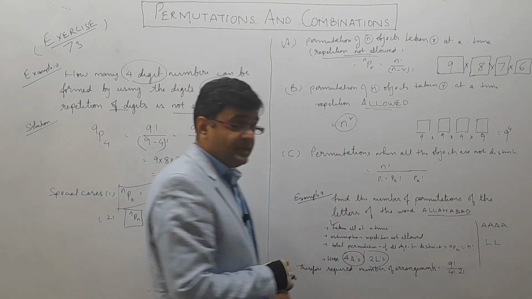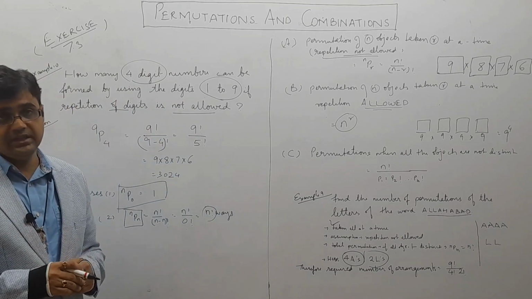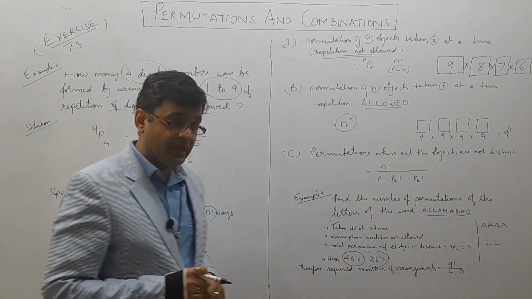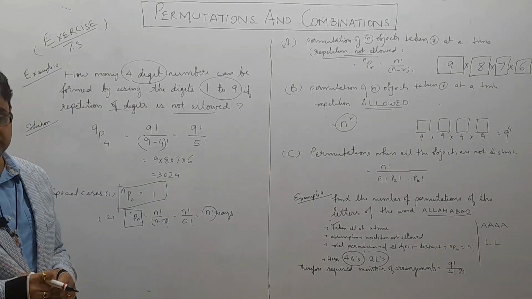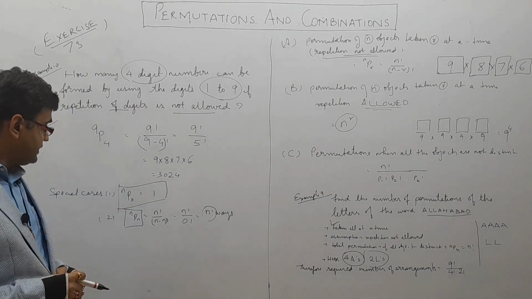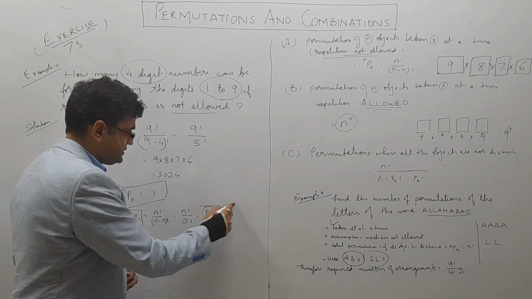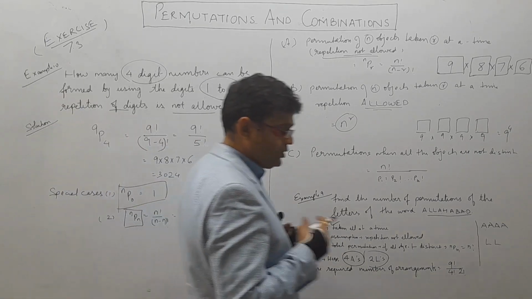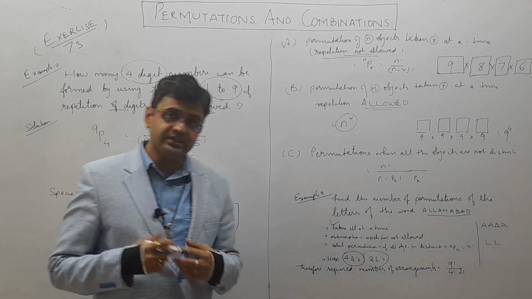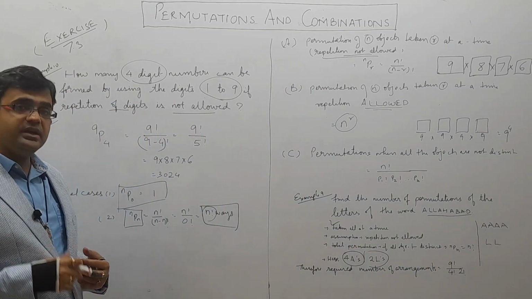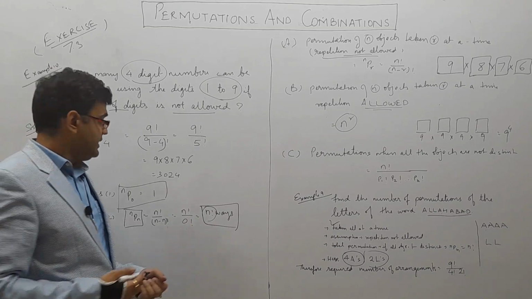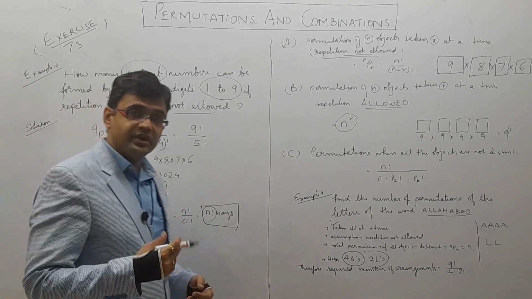Now, if there are 9 distinct objects, and we have to calculate the number of permutations possible, then the formula would be this: n factorial ways. If there are n objects, all the objects are distinct and all are taken at a time, then the number of permutations is nPn or n factorial ways.